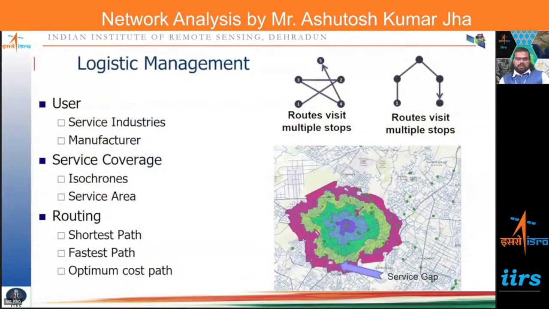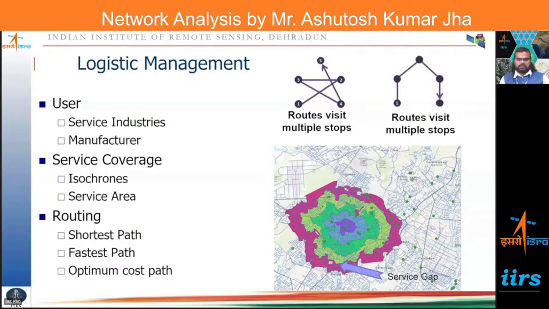In general, to carry out such logistics management, we look for a kind of service area coverage like isochrones. These are the cases where we'd like to find out, within a given time, what are the different places which can be visited.